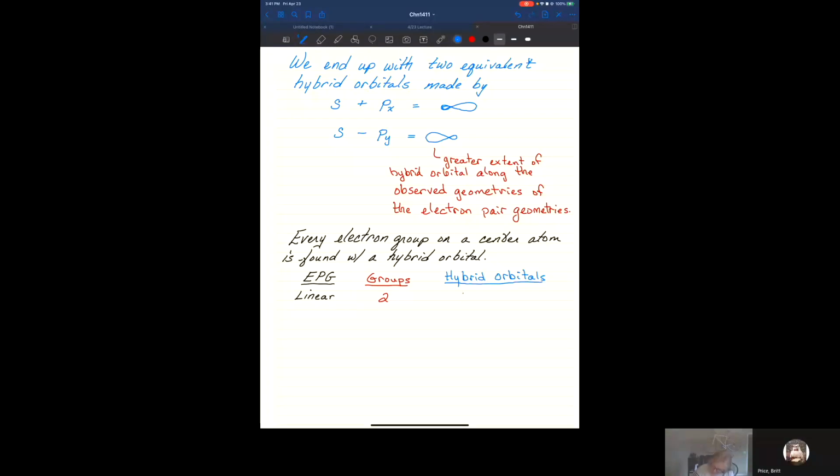Means that there will be two hybrid orbitals. And these happen to be called sp.